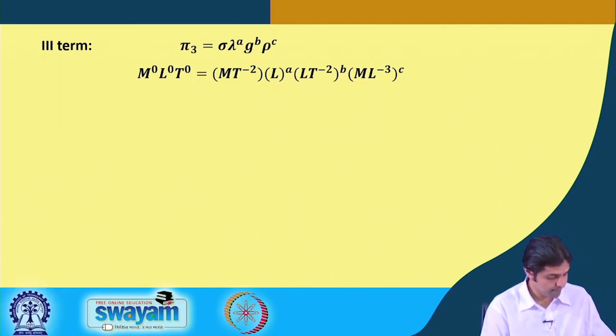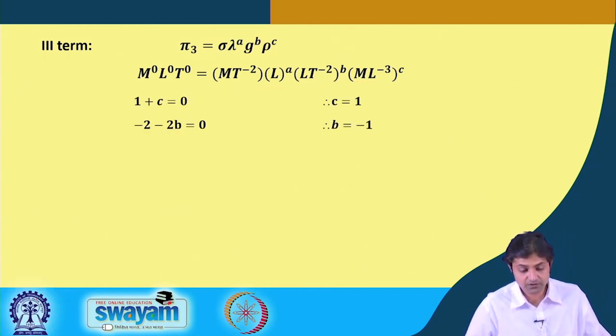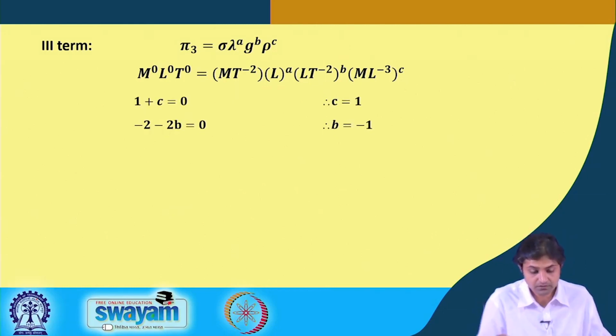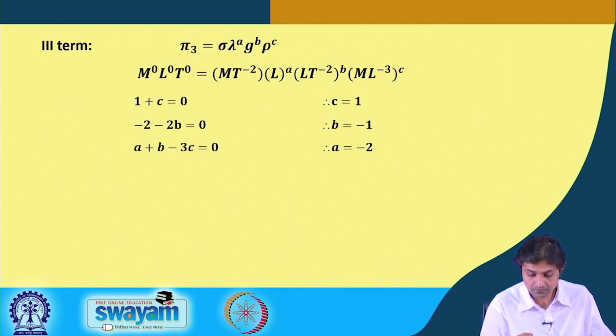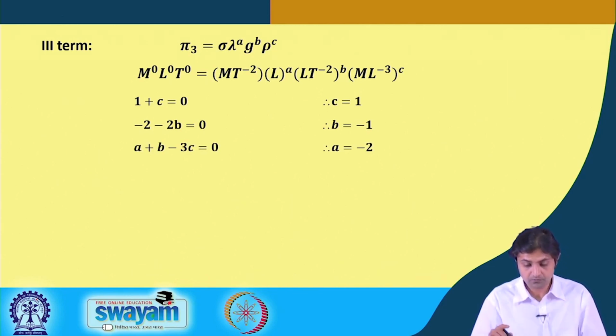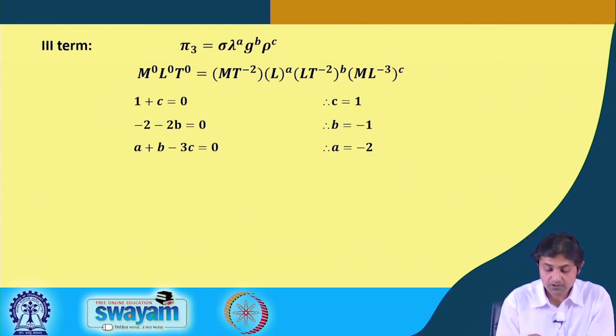Equating the exponent of m, 1 plus c, so c will be minus 1.